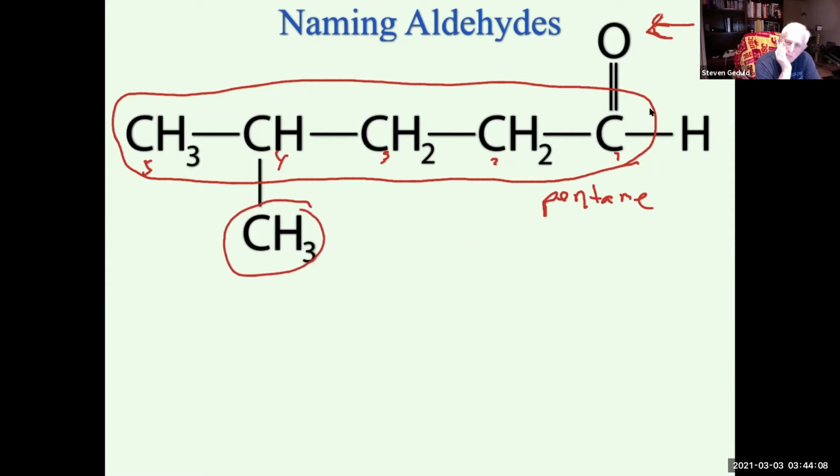So what's the name of this thing going to be? 4-methyl. Then what do we call the whole structure here with the carbonyl group? Remember, we drop the E and add what?